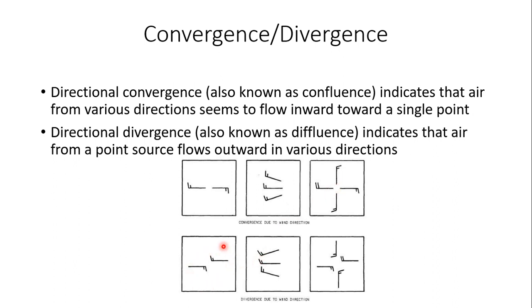Now let's take a look at the bottom here. These three blocks represent examples of divergence, more specifically difluence, directional divergence or difluence. Right, so the first example here on the bottom left, we have a wind barb pointing from the west, and then we have the wind barb pointing towards the east. The wind is basically blowing opposite to each other.